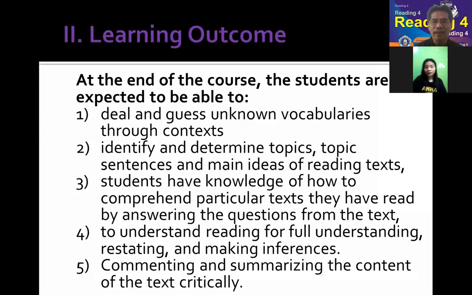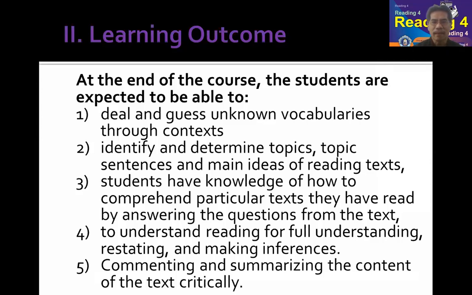And then number 2, identify and determine topics, topic sentences, and main idea of reading text. And then number 3, students have knowledge of how to comprehend a particular text they have read by answering questions from the text.